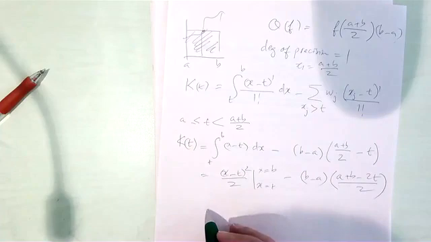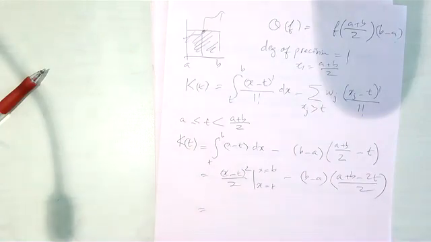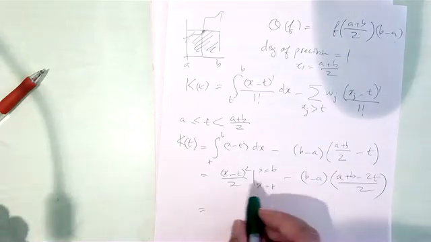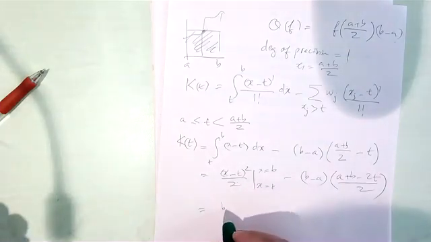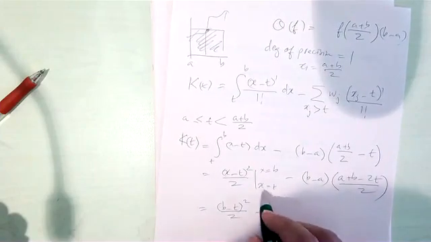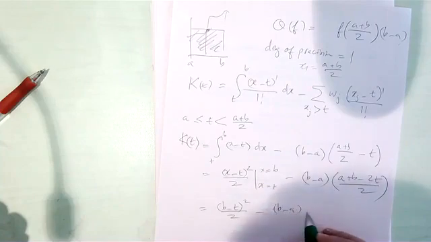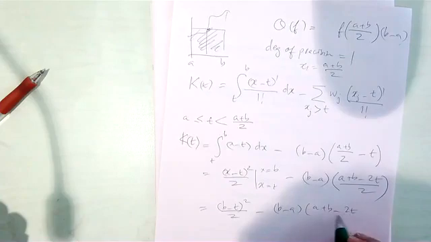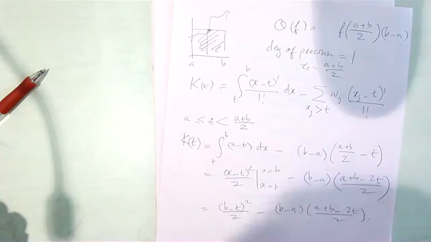And now you plug it in, you get (B minus T) squared over 2, and T minus T just equals 0, so minus (B minus A) times (A plus B minus 2T) over 2, right?